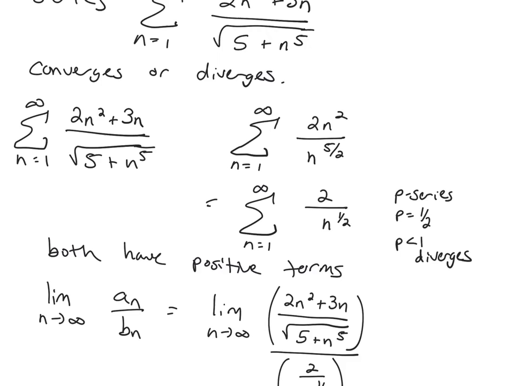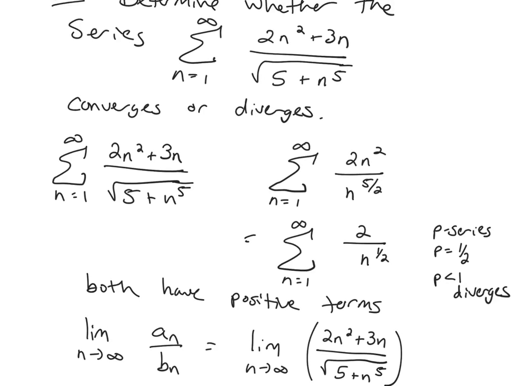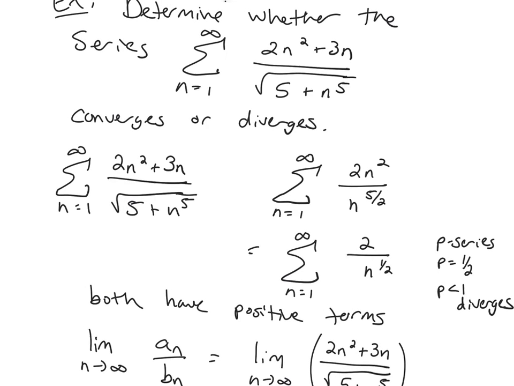Can you walk me through how you got a sub n to b sub n? Okay, so if you forget about the square root for a minute, it's almost like I have a polynomial over a polynomial, right? So what I do is I identify my largest degree term in the numerator. So what's my largest degree in the numerator? 2n squared.